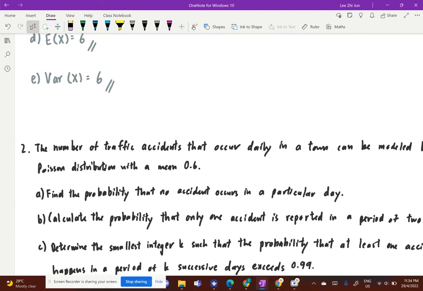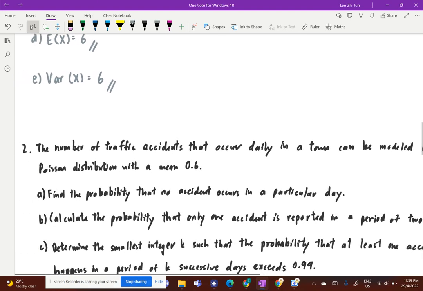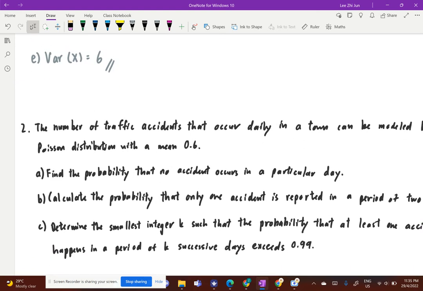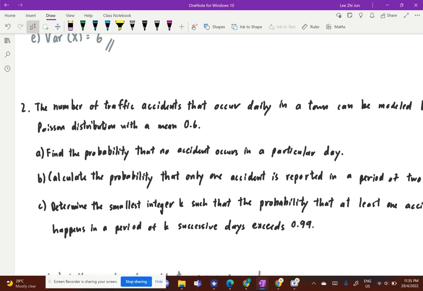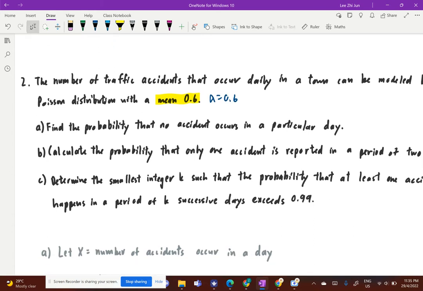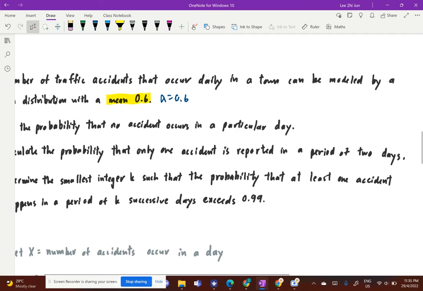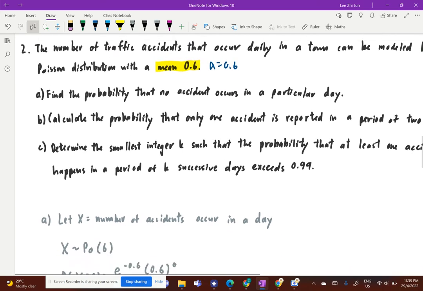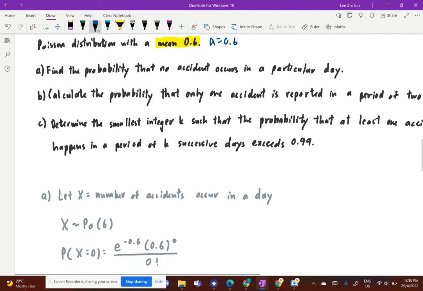And C: determine the smallest integer k such that the probability that at least one accident happens in the period of k successive days is 0.99. I see it first. It says mean 0.6, which is lambda equals 0.6. So let X equal the number of accidents that occur in a day, so lambda will be 0.6.